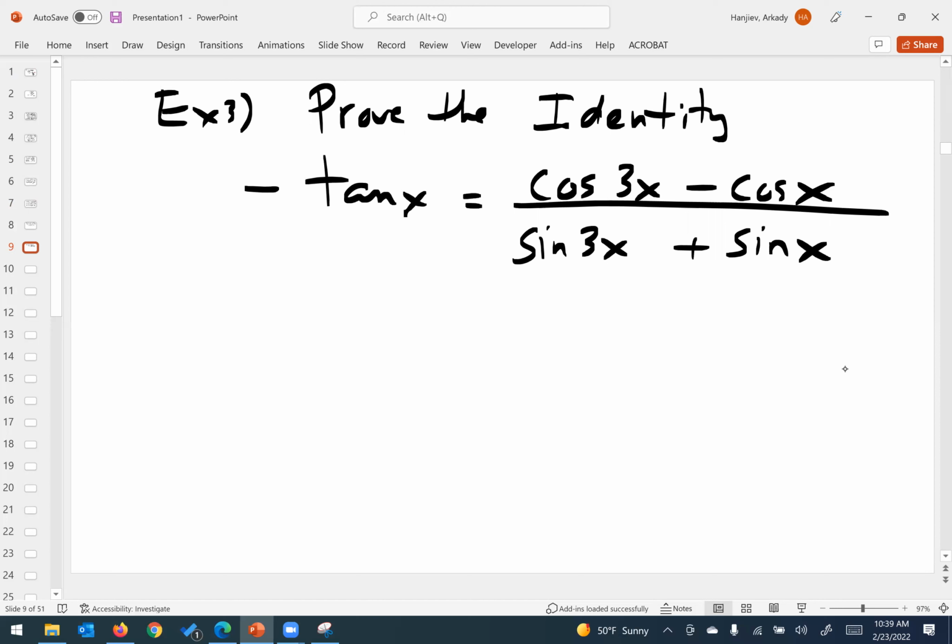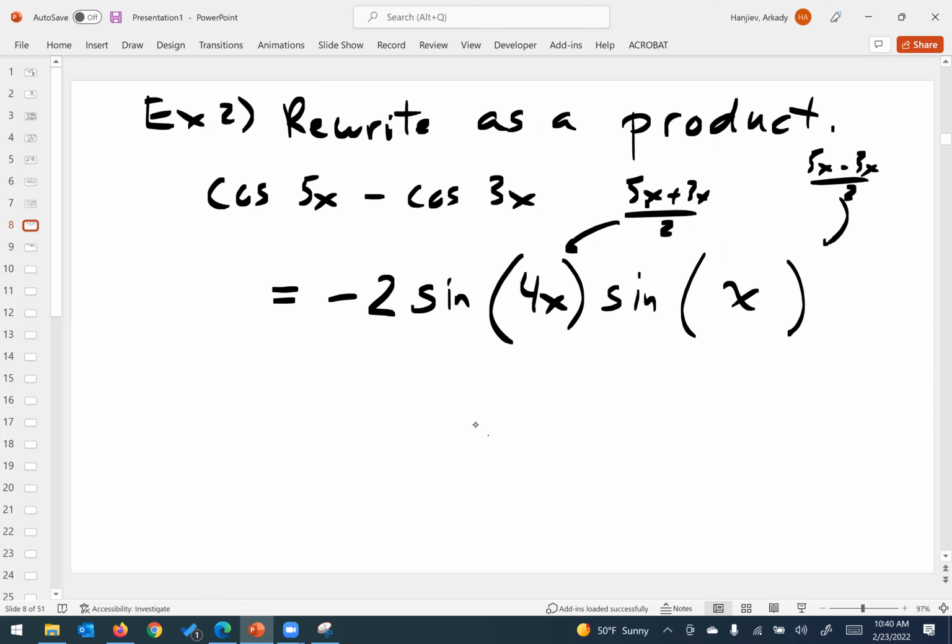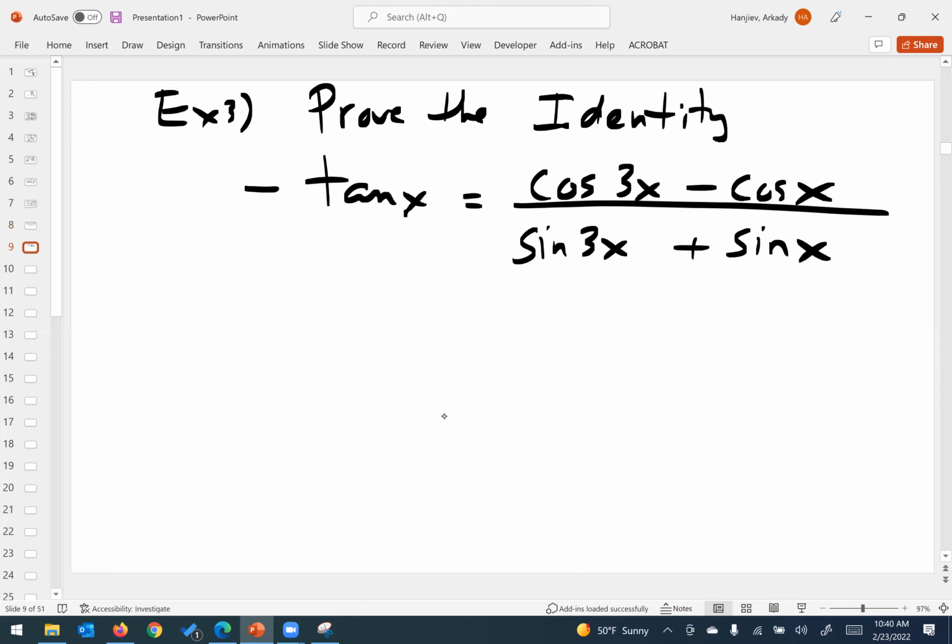So, we'll go back to the last section for one second. Sure, absolutely. Hang on, it's the subtraction of two cosines.